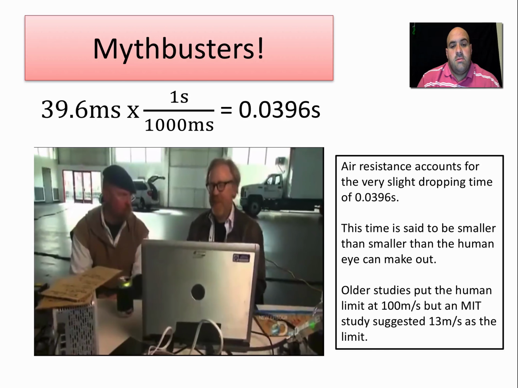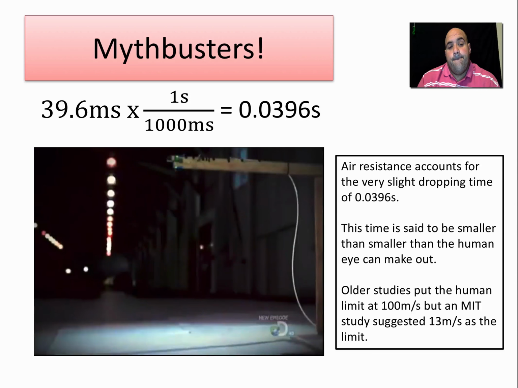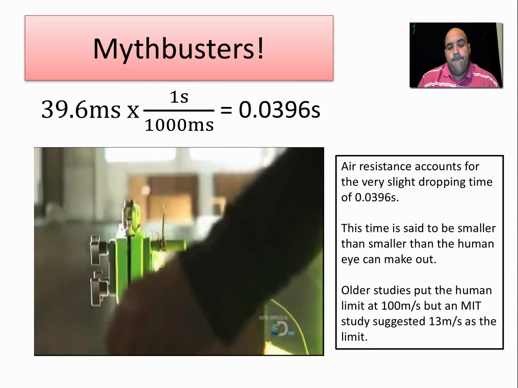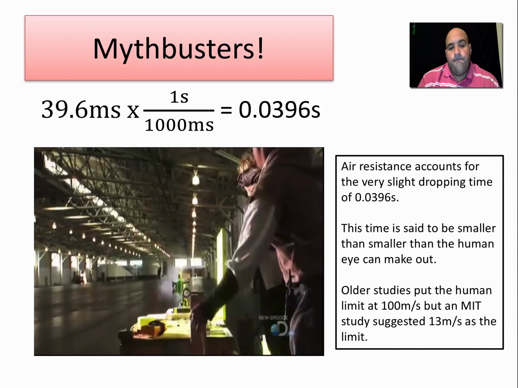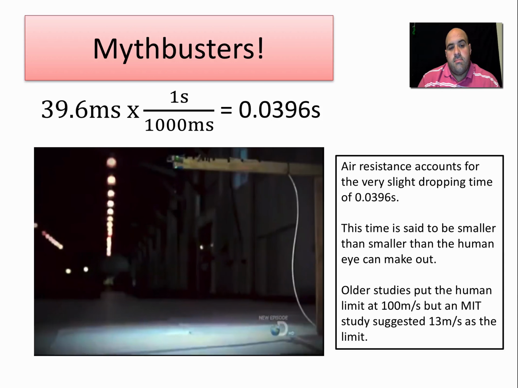Dude, the difference is 39.6 milliseconds. Which means it's less than the human eye can make out. So after days of brain-teasing tests, the Mythbusters can claim a world first for themselves and a victory for physics.